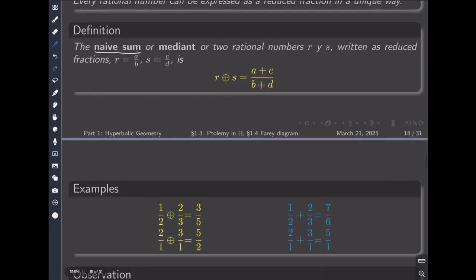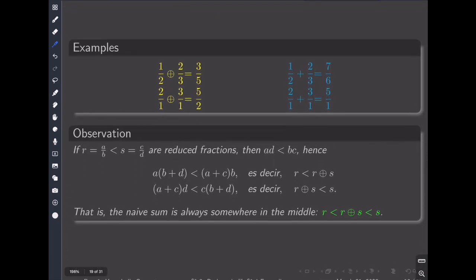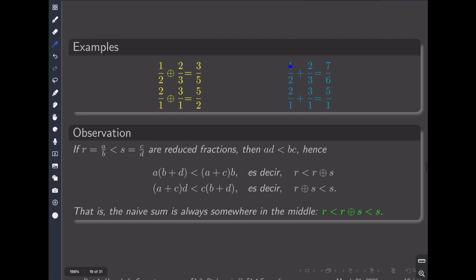Okay. So some examples, to compare the naive addition with the actual addition. They are clearly not the same. And then we have an easy observation. For instance, the usual addition of two positive numbers is to the right of both of them.